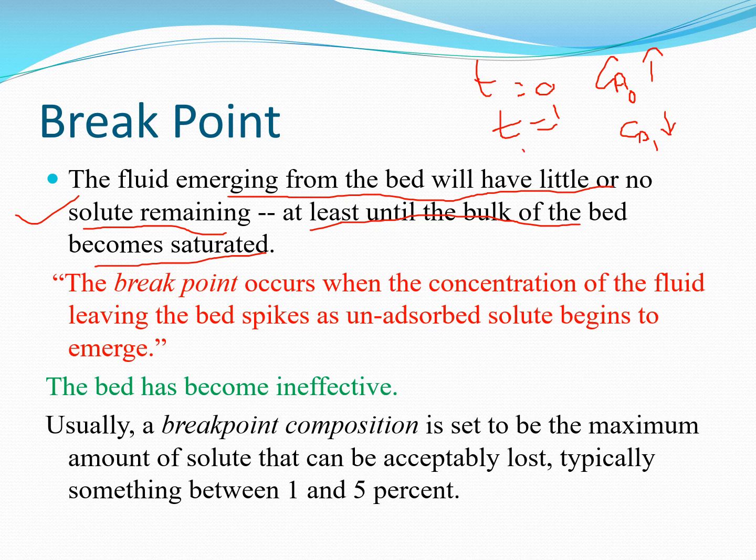Time equal to 2, for example, 1 is 1 hour, 2 is 2 hours, Ca is equal to Ca2 and concentration is low, and then at time any n value, now Ca will be equal to Ca0.